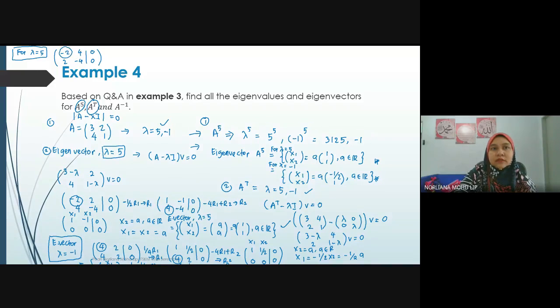Okay, leading one. So this one negative 2 row 1 plus row 2.